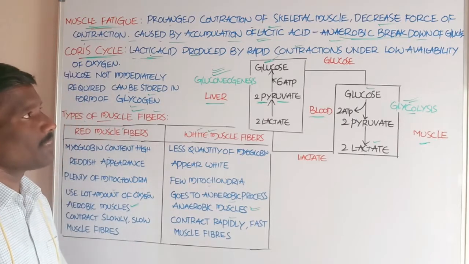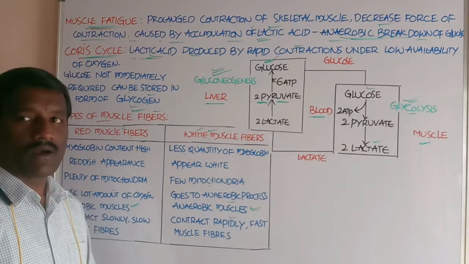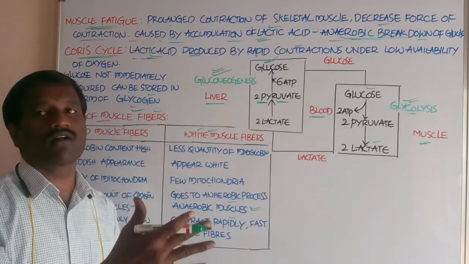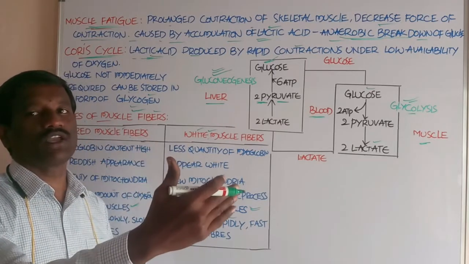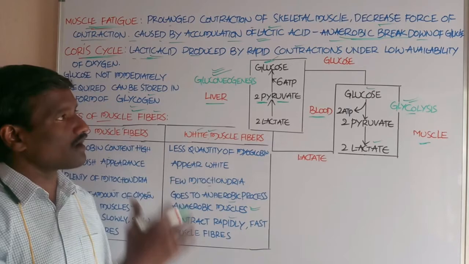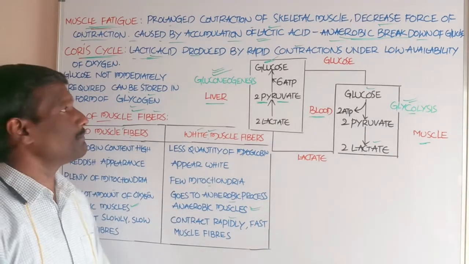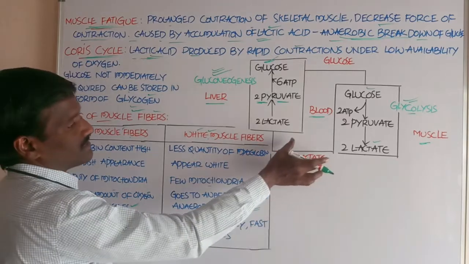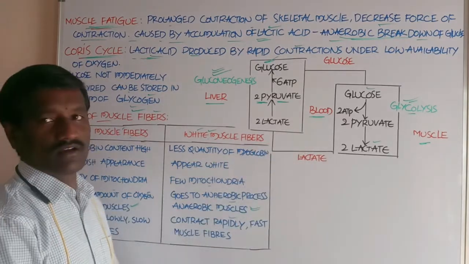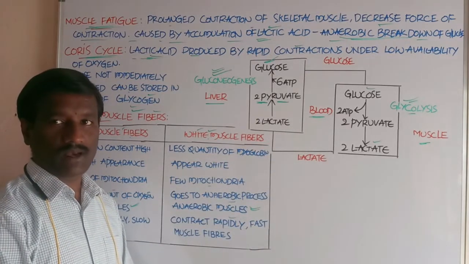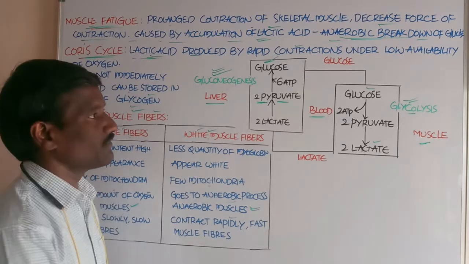This is the cyclic representation that gives information about the Cori cycle.